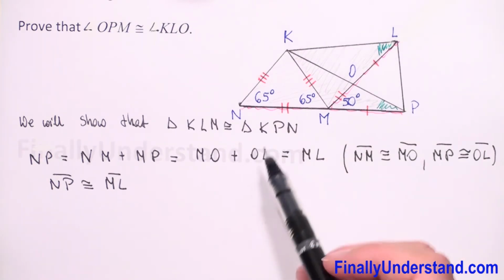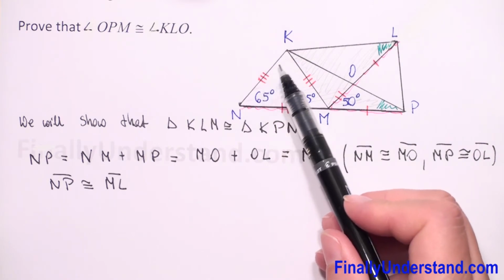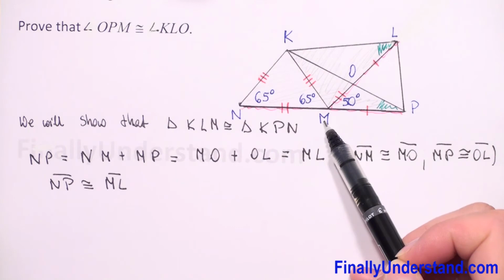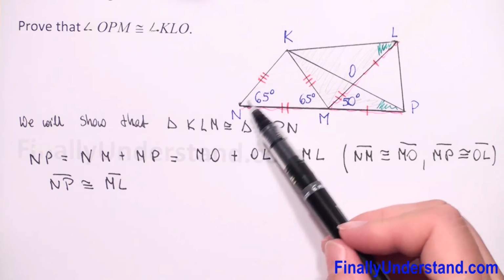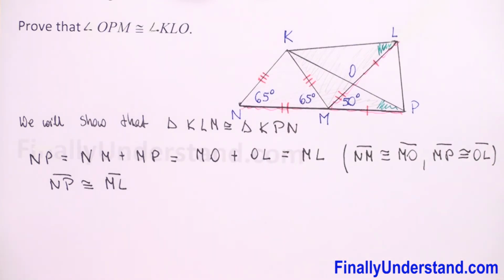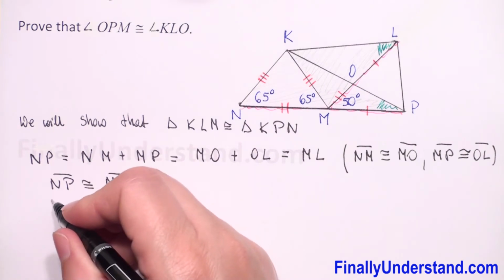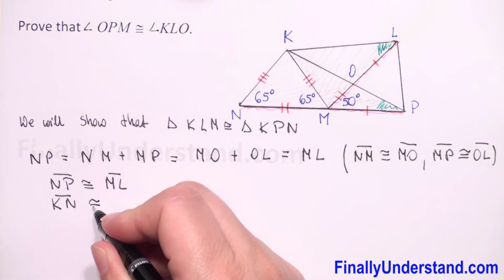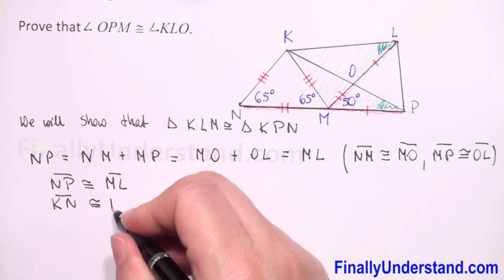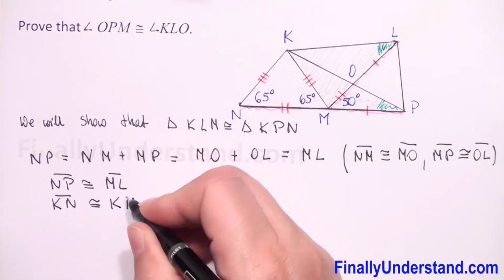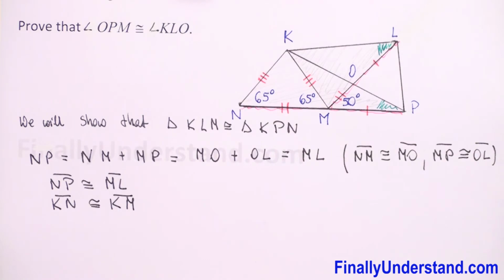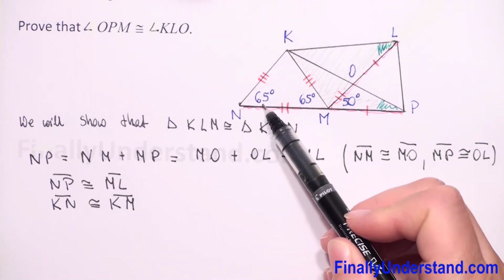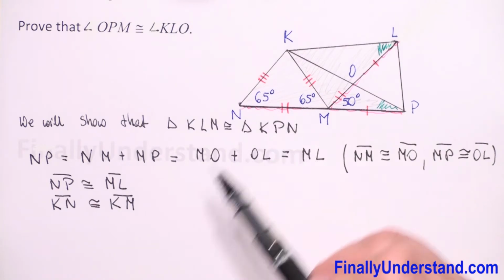What else? We have given these three marks on side KN and KM. It means that these two sides are congruent too. So we have that KN is congruent to side KM.